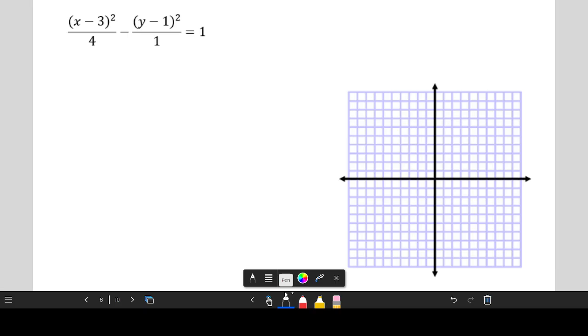All right, here the equation is good to go. We have 1 on the other side. The center is not the origin this time. The center is going to be 3, 1. So we'll plot that.